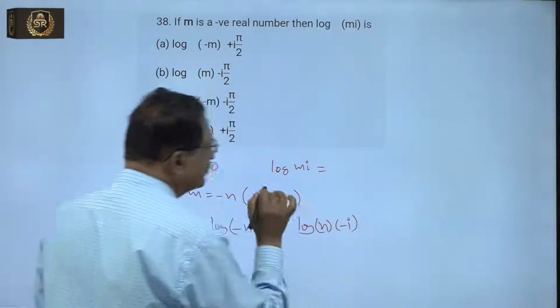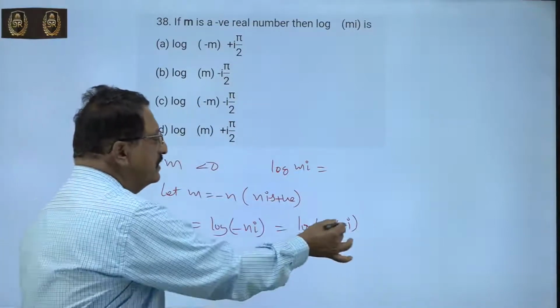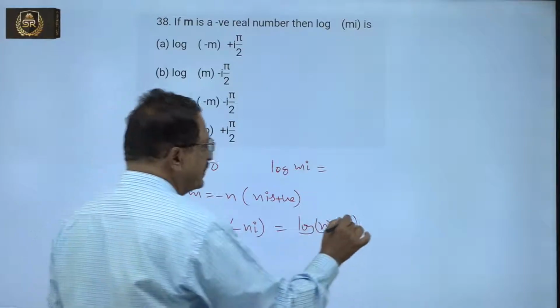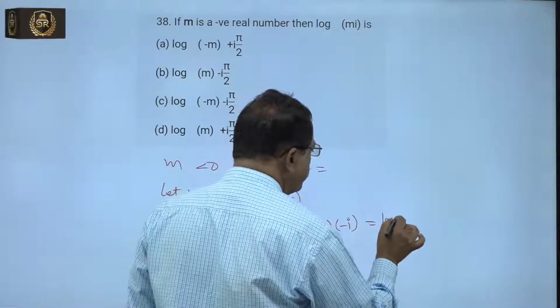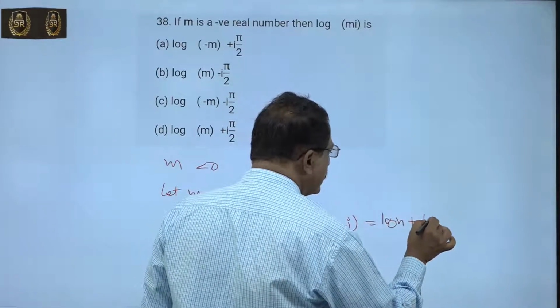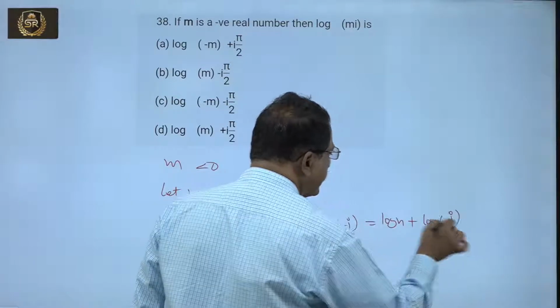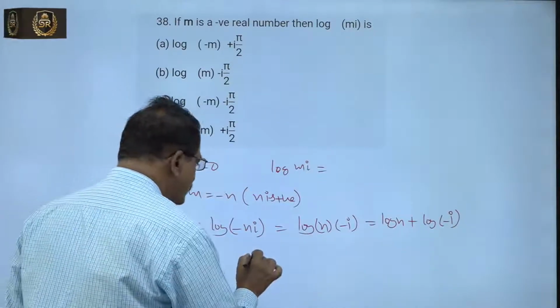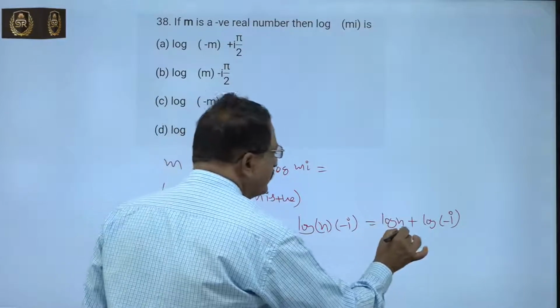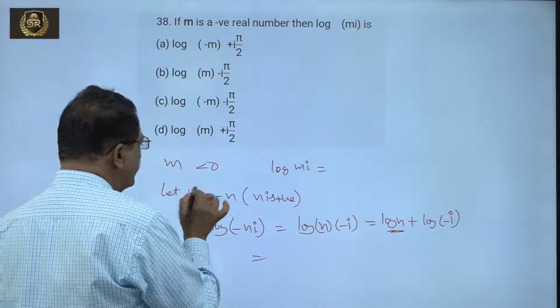It can be written as log of m times n equals log m plus log n. That equals log n plus log of minus i. Here what is the value of n? n equals minus m.